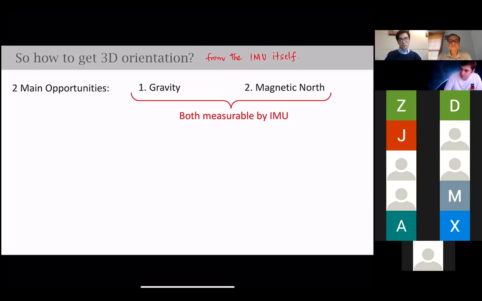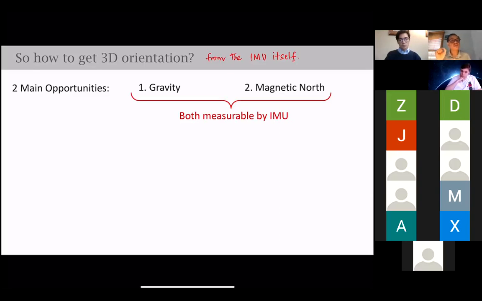Again, you get some information about what the phone's orientation is. And the high level idea is each of the gravity and magnetic north, they do not tell me all the three unknowns. What are the three unknowns? My orientation, the three unknowns are my three angles with x, y, and z, right?